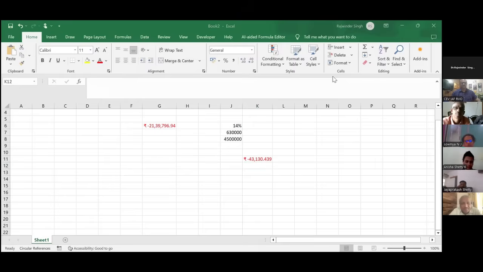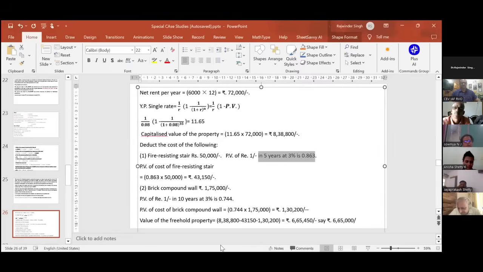The formula for present value will remain the same. The thing will be whether you have PMT or FV. You will have either PMT or future value. So here you have a future value of 50,000. And if you are calculating here, it is PMT.